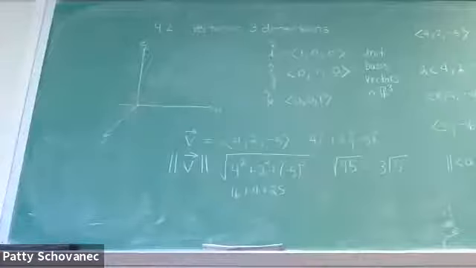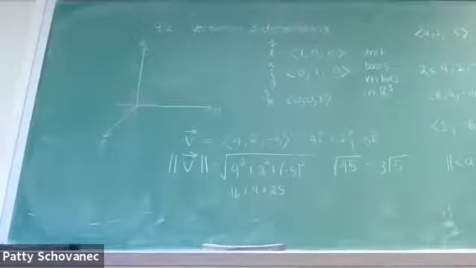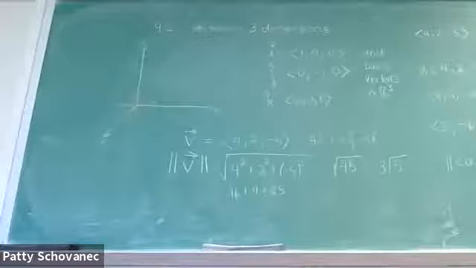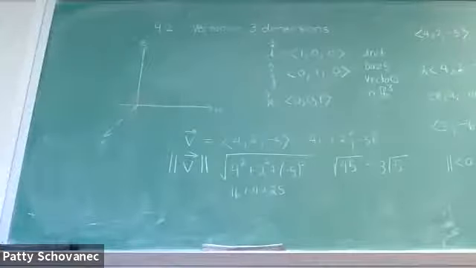What if I want a vector in the opposite direction of that vector v that I have down there, 4, 2, negative 5, with a length of 10?